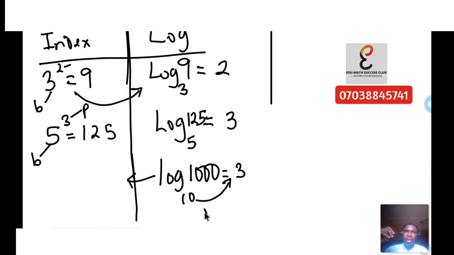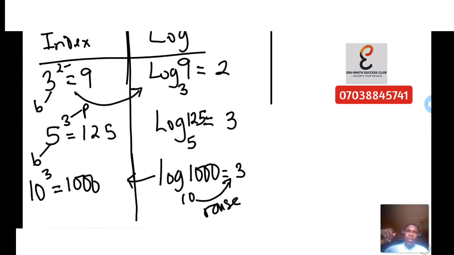Don't forget, raise, not multiply. 10 raised to the power 3. This 3 will be at the top here. Then write your equals to, then put this 1000 outside here. 10 raised to the power 3 is 1000. That's 10 times 10 times 10 will give you 1000.